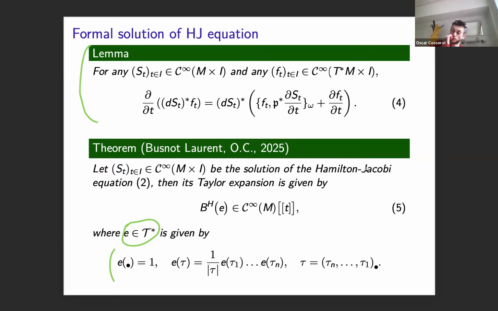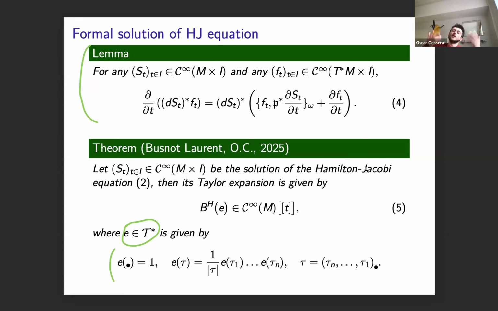But for Poisson Hamiltonian systems, if you truncate the Taylor series of this ordinary differential equation naively, it does not work. It will destroy the symplectic foliation.